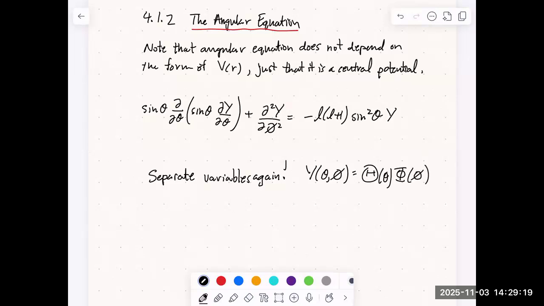We do all the same stuff. We plug it in there, then we divide by Theta times Phi, to try to find two expressions, one that only has theta dependence and the other that only has phi dependence. They have to be equal to the same constant, but with opposite sign.